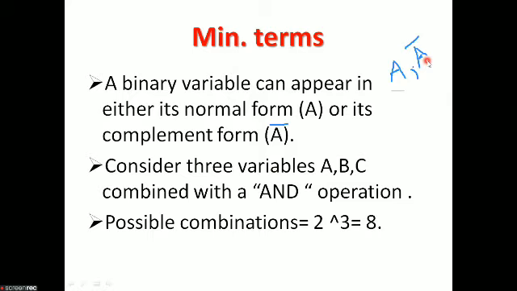So what will be the number of possible combinations? It will be 2 to the power 3, that is 8 combinations. In decimal, 8 combinations means it will start from 0 to 7, that is 0, 1, 2, 3, 4, 5, 6 and 7. So let us see from the three variables how we can get the min terms.